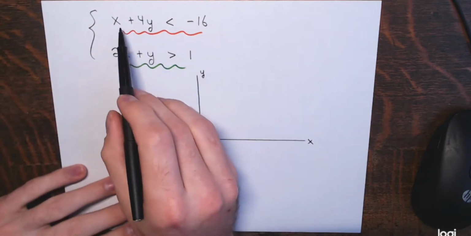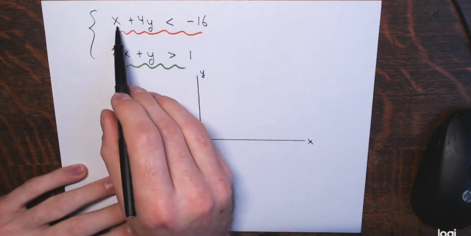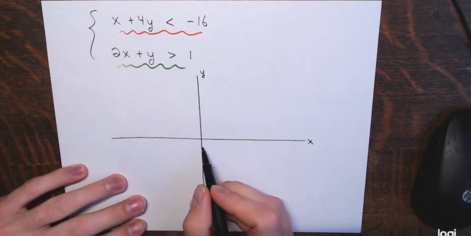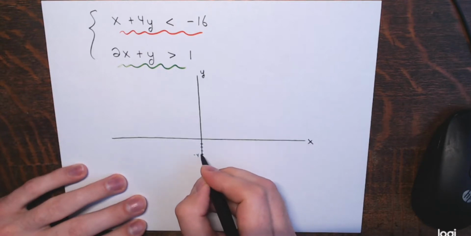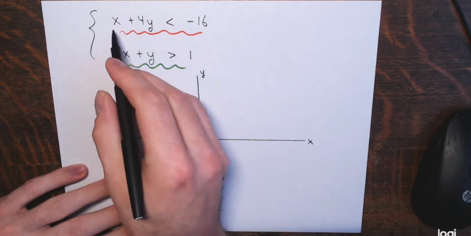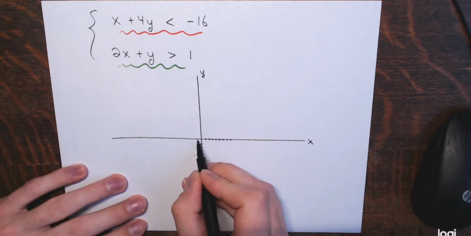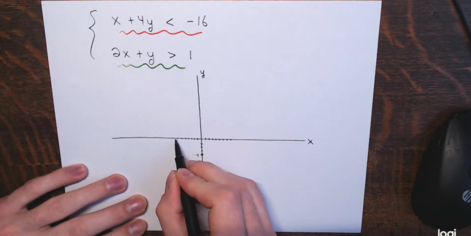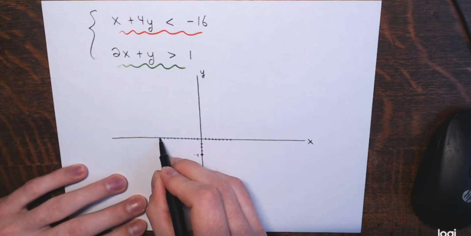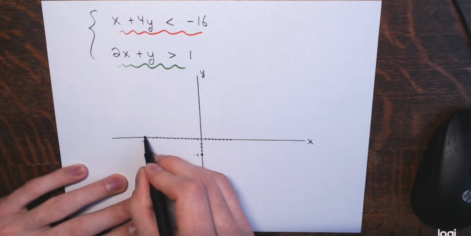So the first one, the boundary line is x plus 4y equals negative 16. So you'd have 0, negative 4 for the y-intercept, and then negative 16, 0 for the x-intercept.